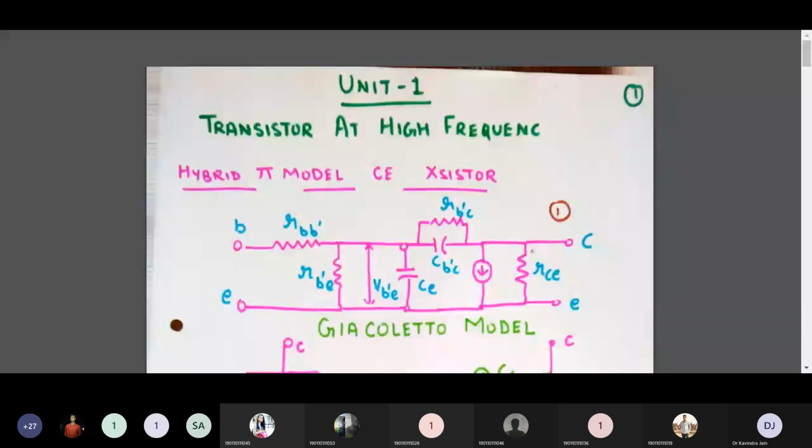Just now I have explained why the transistor H parameter model cannot be used for higher frequency analysis, and hence we are using the hybrid pi model for the same reason.